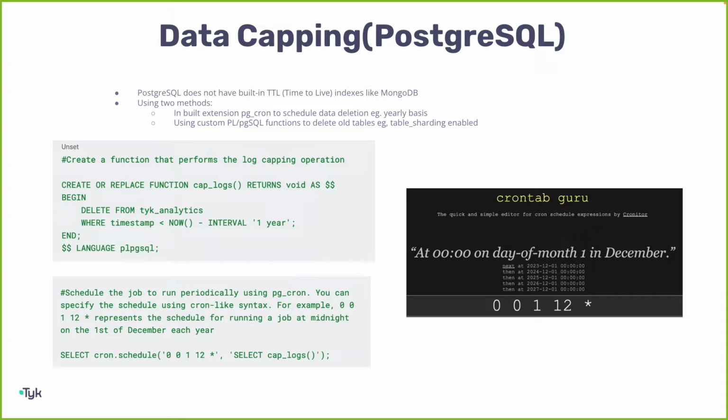To schedule the job, we can use pgcron to schedule it to run once a year, and you can even specify the schedule using cron syntax. With this setup, the log capping function will be executed automatically on the specified schedule, capping the logs by removing entries older than one year. You can adjust the schedule and the logic in the function to suit your specific requirements.